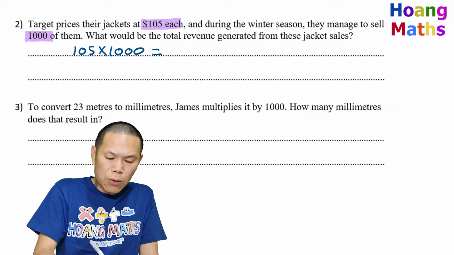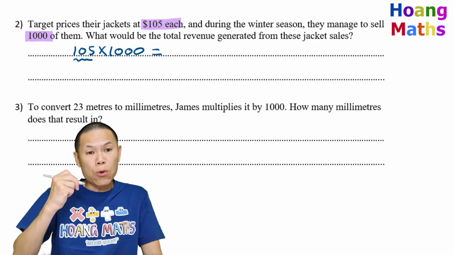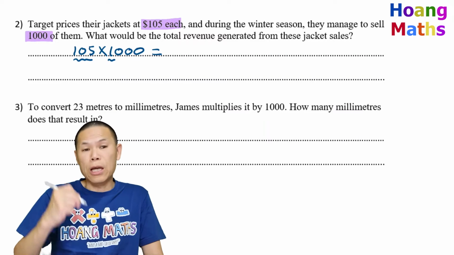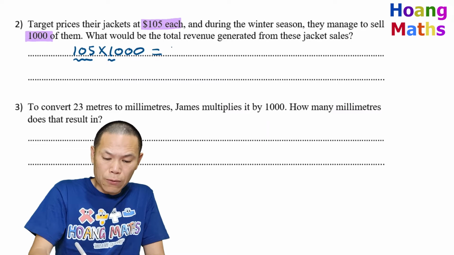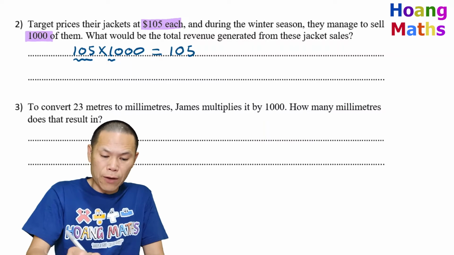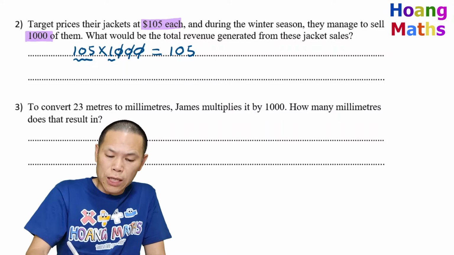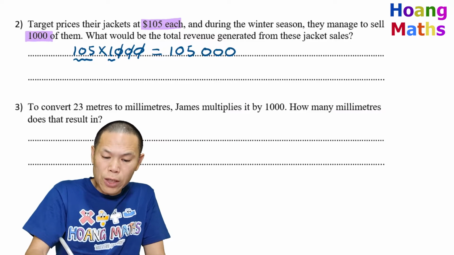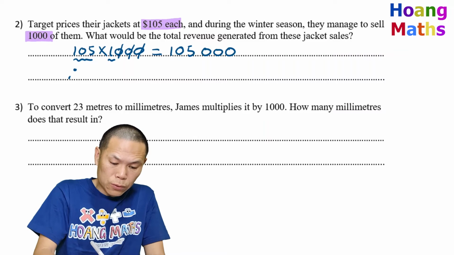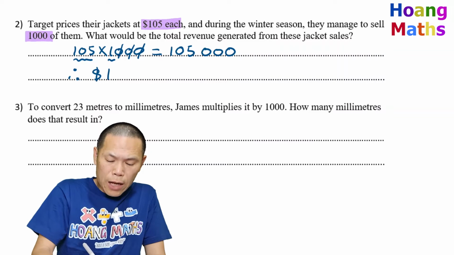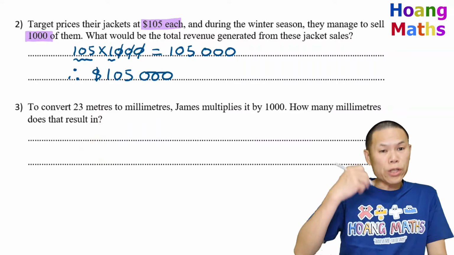We just need to do 105 times 1, so that will give me 105. Then we have 1, 2, 3 zeros, so we write this down. Therefore, $105,000 altogether.